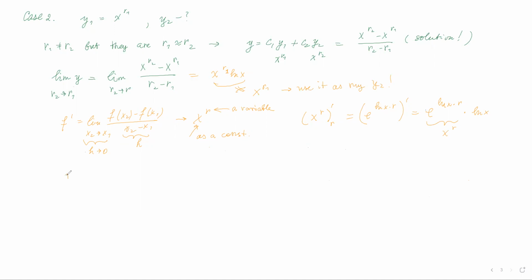So my solution then is going to be y equals c1 y1 plus c2 y2, and that's going to be c1 x to the power of r plus c2 x to the power of r ln of x. And what I did when I was introducing it, I took x to the power of r outside. So that's x to the power of r, and you can write down c1 plus c2 ln of x.